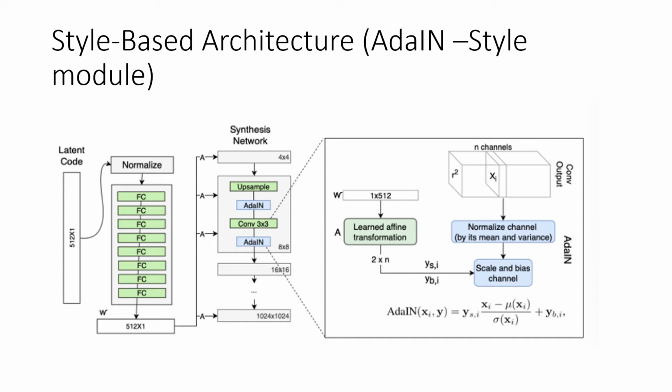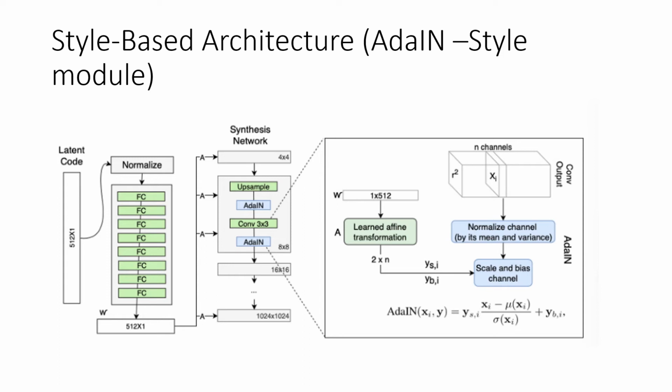Adaptive instance normalization, or in short AdaIN, transfers the encoded information W from the mapping network into the generated image. The module is added to each resolution level of the network and defines the visual expression. Here, each channel of the convolutional layer output is first normalized to make sure the scaling and shifting has the expected effect.